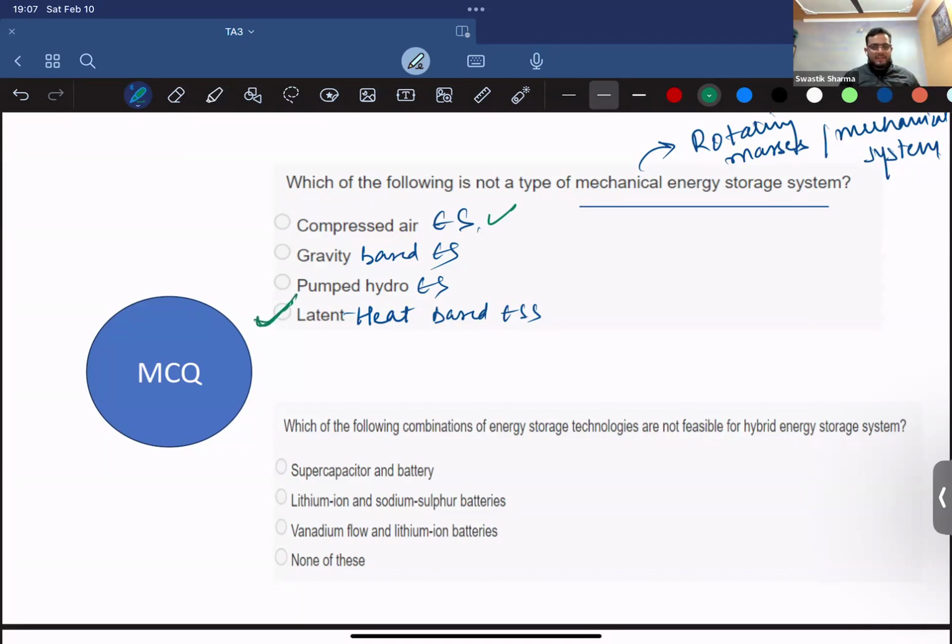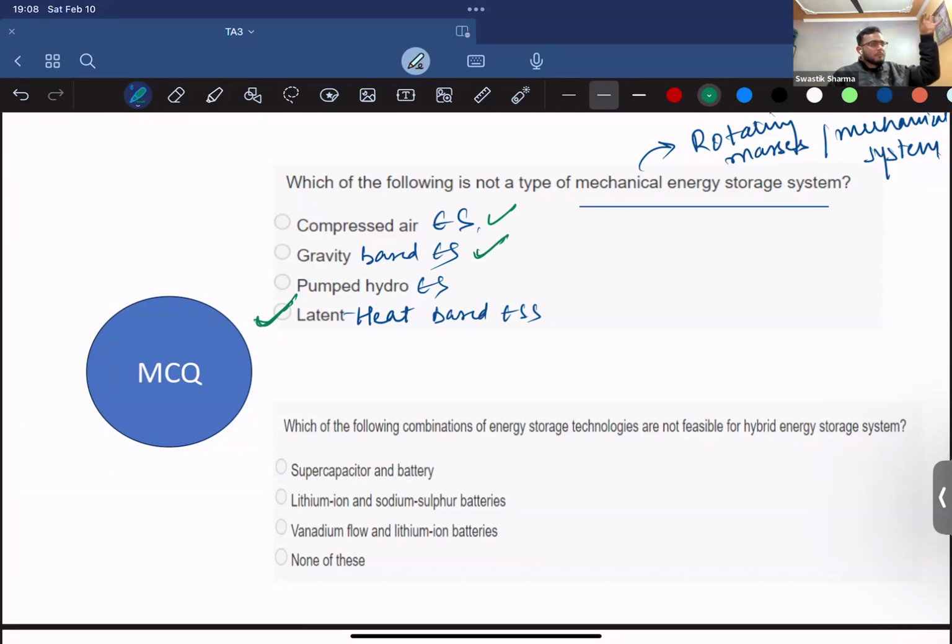So compressed air compresses the air so that pressure is built up in the medium, so that once it's released, the pressure is used to convert the kinetic energy available in the molecules of that compressed air into another form of energy. Generally, it's electrical energy that we're concerned with. Gravity based is a pulley mechanism. Let's say hydro storage, right? It's gravity based only.